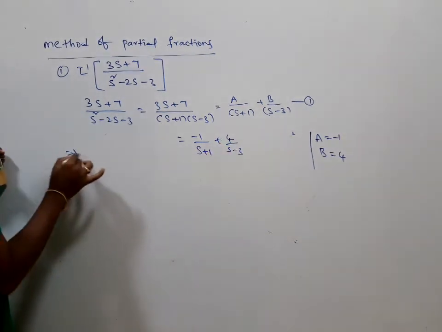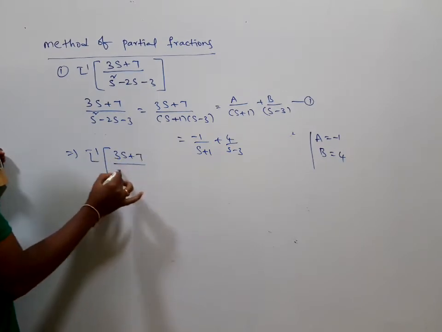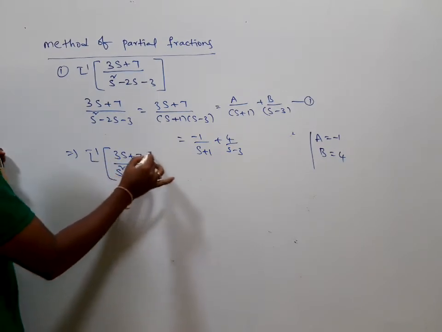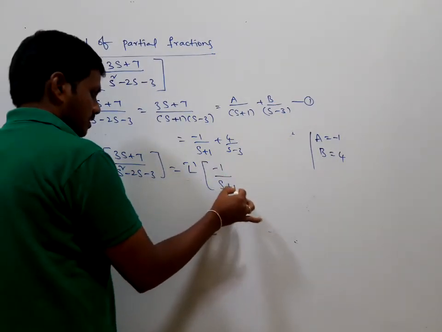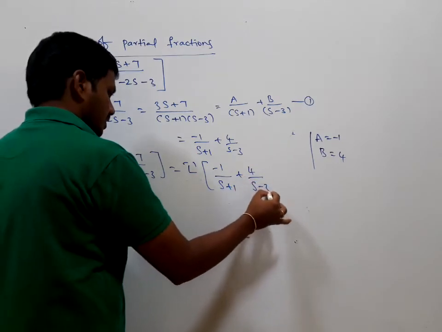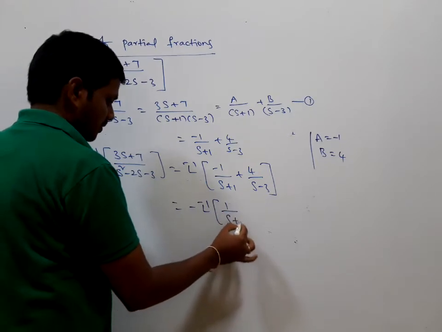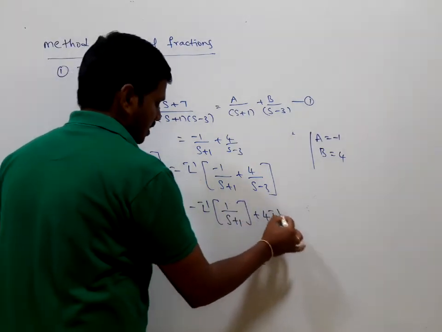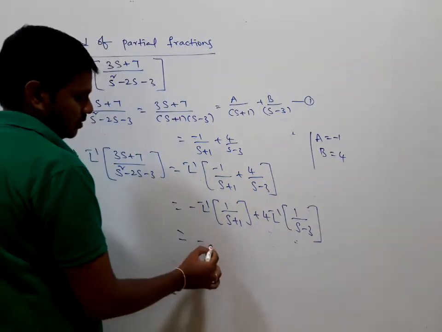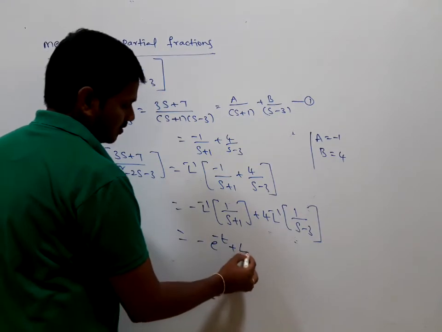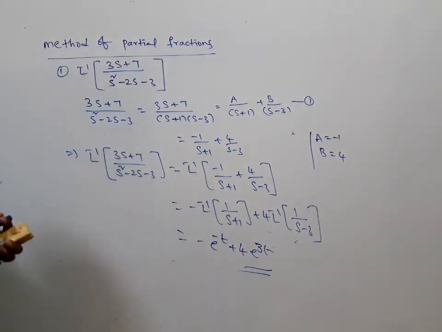Now taking the inverse Laplace transform on both sides, the inverse Laplace transform of (3s plus 7) divided by (s square minus 2s minus 3) is equal to minus L inverse of 1 divided by (s plus 1) plus 4 into L inverse of 1 divided by (s minus 3). You know this is a standard result: minus e to the power of minus t plus 4 into e to the power of 3t. This is the procedure.